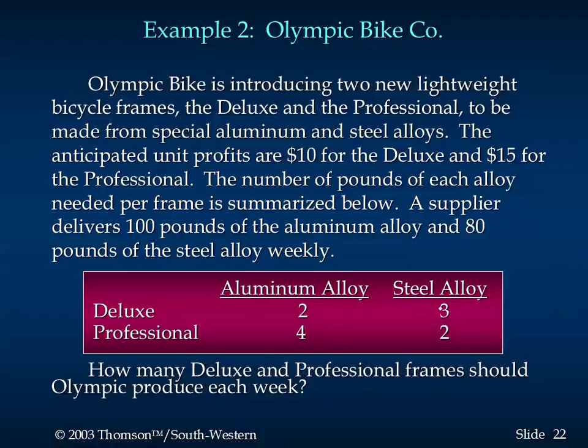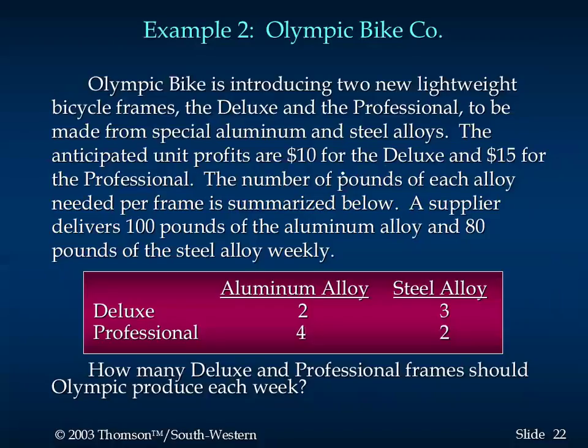Deluxe: 2 pounds of aluminum, 3 pounds of steel. Professional: 4 pounds of aluminum, 2 pounds of steel. A supplier delivers 100 pounds of the aluminum alloy and 80 pounds of steel alloy weekly. So how many deluxe and professional frames should one produce each week?